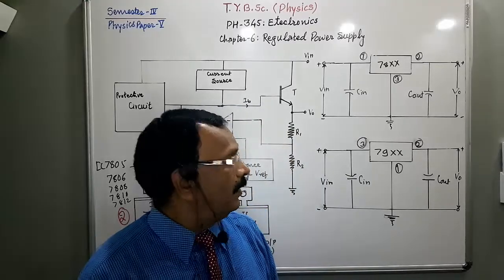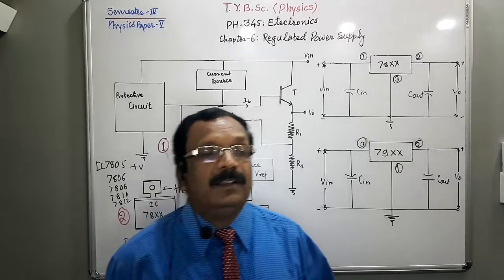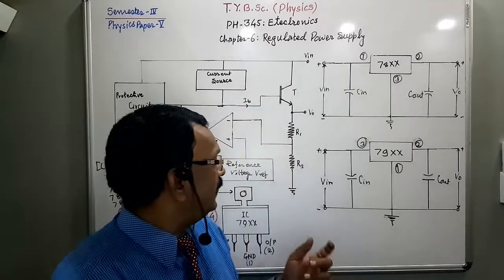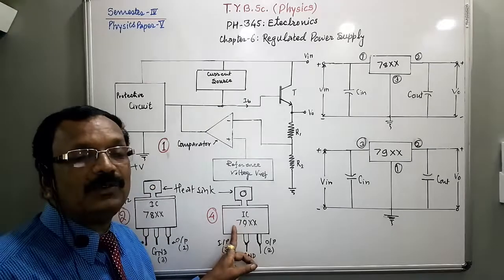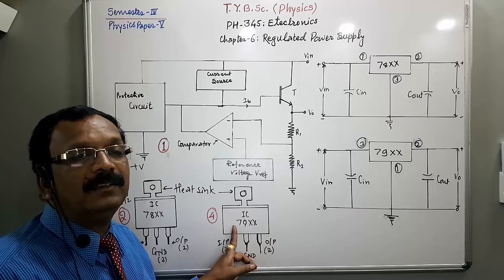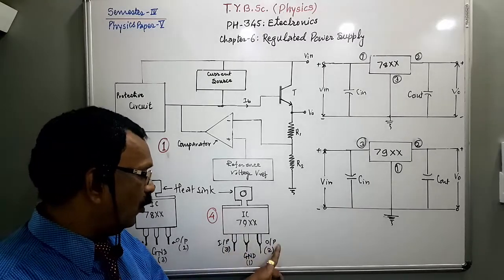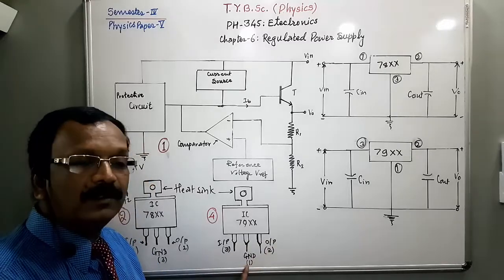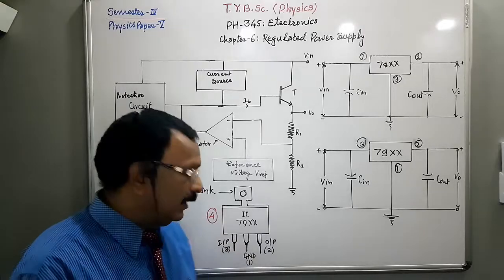Okay. Now we are going to see the next IC, that is IC 79 series. This is also a 3 terminal IC, namely input, output and ground. Here, how can we remember this?